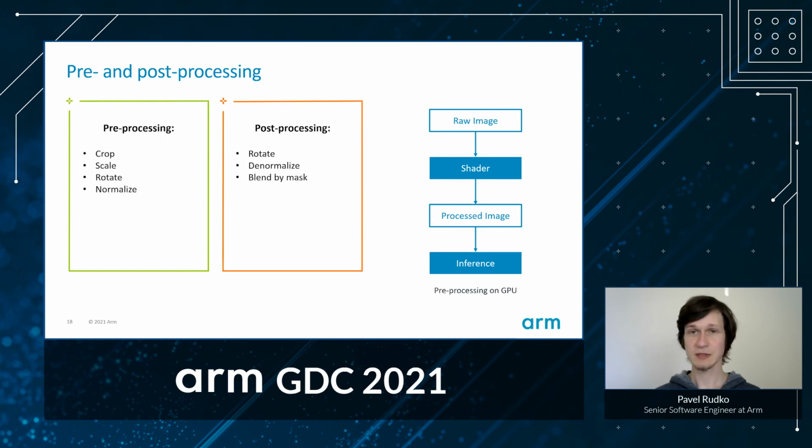Input pre-processing is normally required when dealing with images. It can be, for example, cropping, scaling, rotation, or normalization. One way to make this faster is by using different third-party well-optimized libraries such as OpenCV.